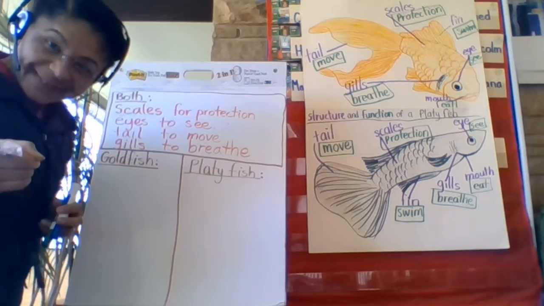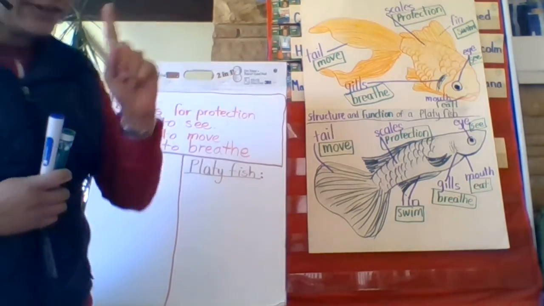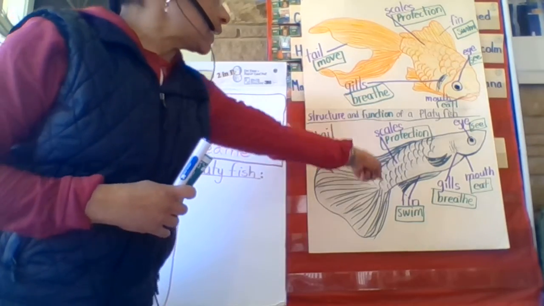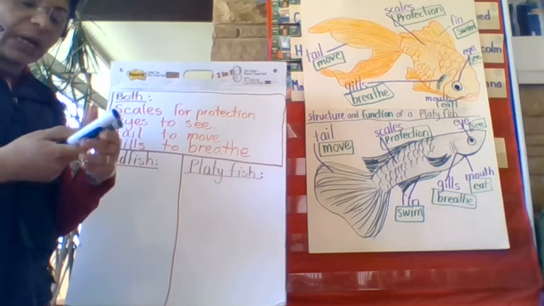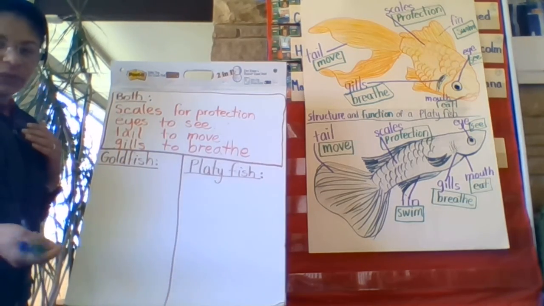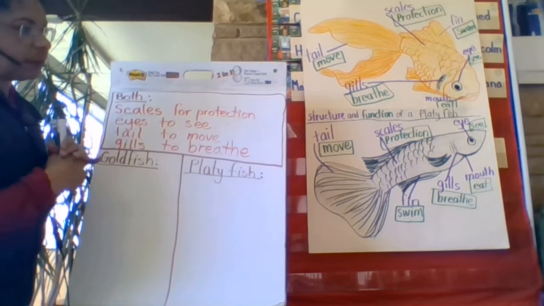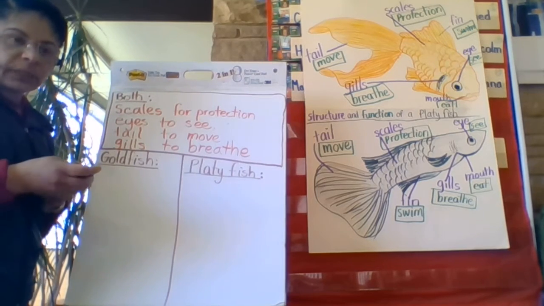What was that? I know. Yeah, I know you will think of that because it's the first thing we notice, that they are different colors. And yes, there are other colors of goldfish, and most of the platies have a dark shade.